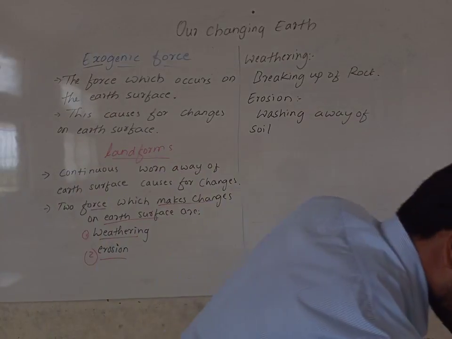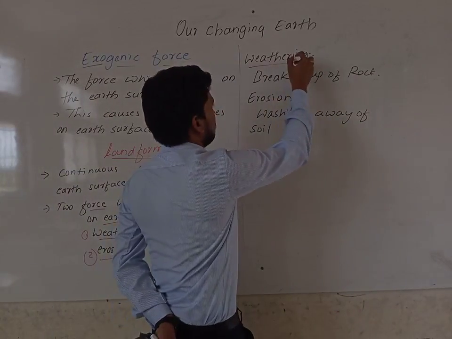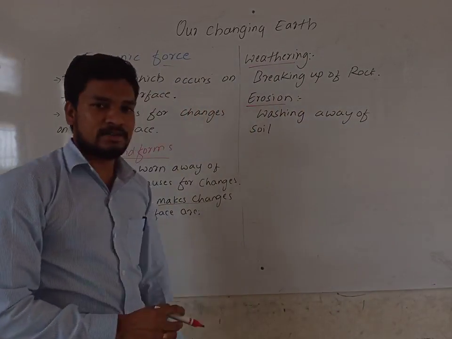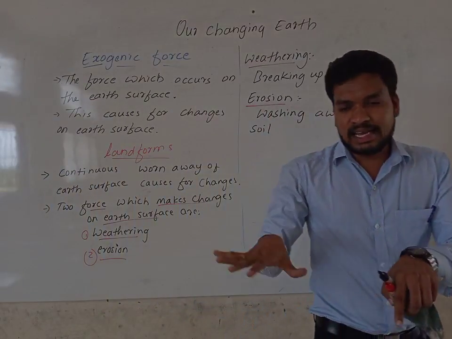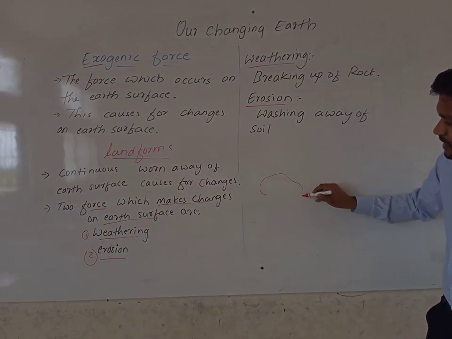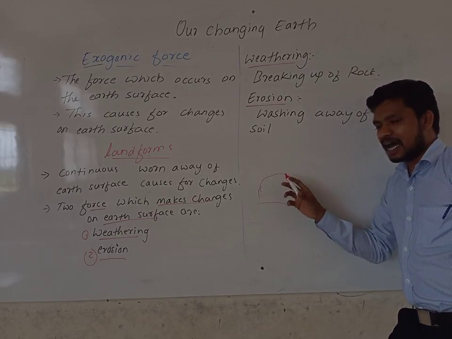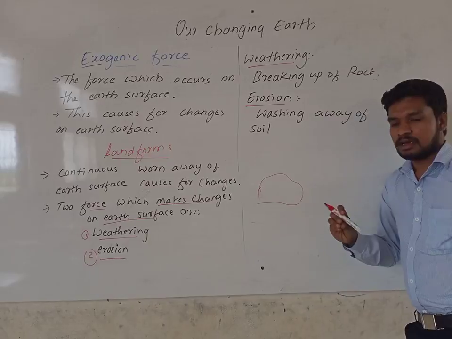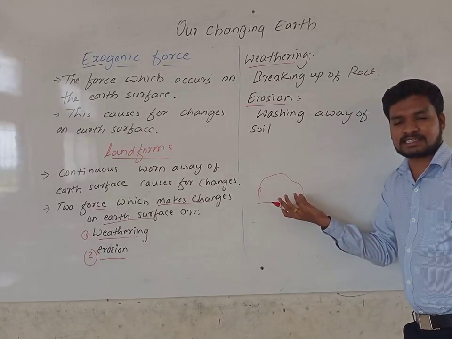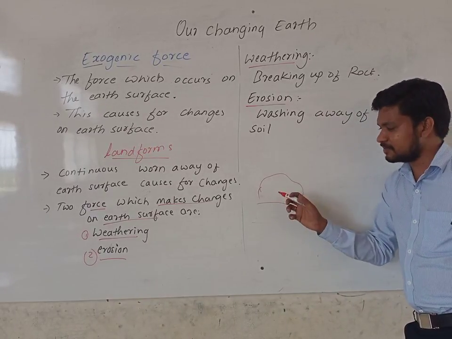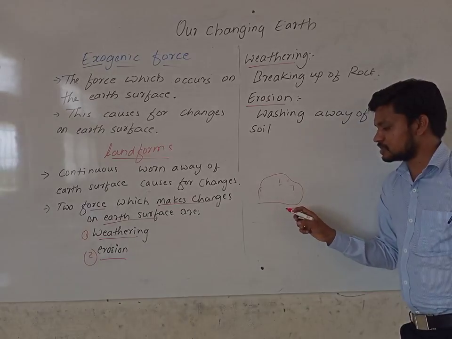So these are the two processes. One is weathering and another one is erosion. What is erosion? Suppose this is a rock. Because of high temperature, it got heat. When you pour water, when it gets in contact with the water and air, it breaks into small pieces.